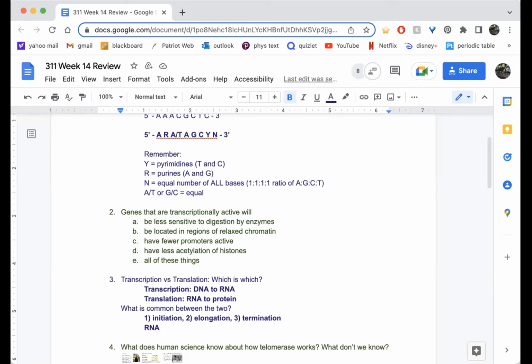It doesn't actually get transcribed onto your RNA, but it is where you recognize, and then around 10 base pairs after that is where you actually start to actively transcribe and start coding. Does that answer your question, Usman?